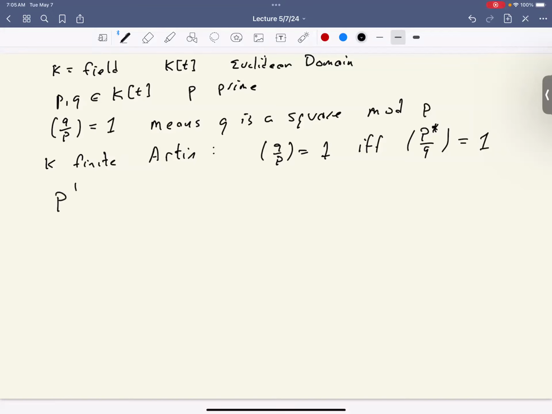And this P star is, in the classical case, it would depend on whether P is congruent to 1 or 3 mod 4. But here it depends on the parity of the degree. So I'll write the degree as the absolute value of P.